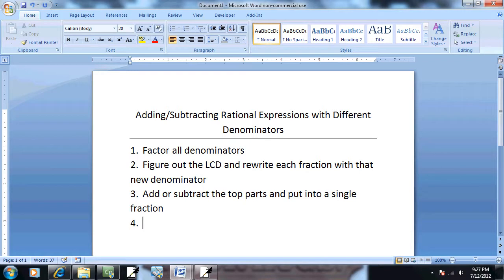Now at this point, our denominators should already be factored. So I'm going to say step 4 is factor the top and factor the bottom, but actually we shouldn't have to do the bottom, just in case you multiplied it through by accident. And then step 5, cancel if necessary.